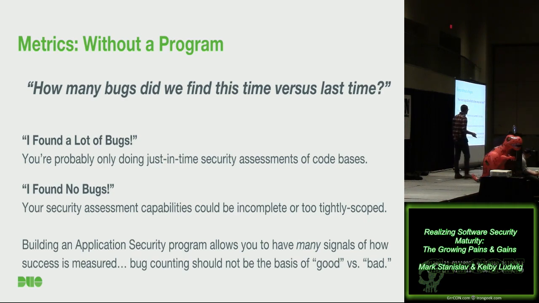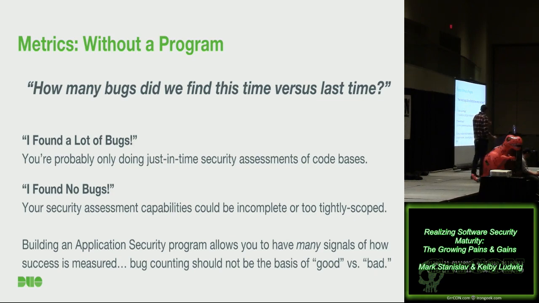The problem with this metric by itself is it doesn't really tell you anything. If the response is, hey, we found a lot of bugs, what does that mean? Maybe you've hired really excellent pen testers. Maybe all the work you're doing is too late in the SDL, and you're not focusing on developer training enough.